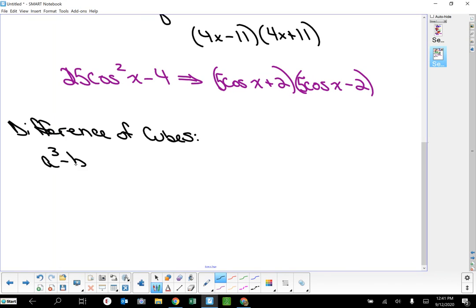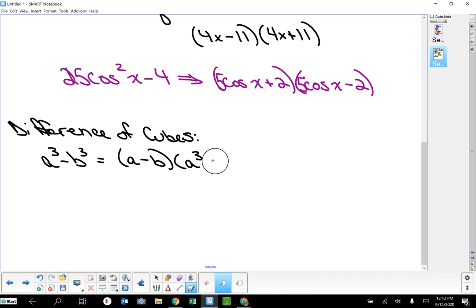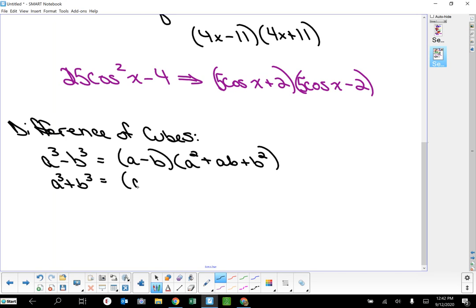It starts out looking like a cubed minus b cubed, and you factor it into a binomial and a trinomial. So it's a minus b times a squared plus ab plus b squared. And if you had the sum of cubes, the only thing that's different are the first two signs.